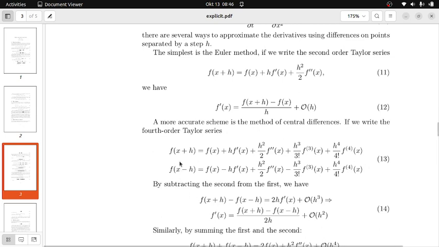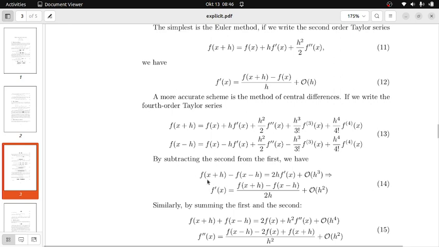And if I expand it in f(x−h), it's the same thing, but now the odd powers of h gain a minus sign, right? And if I subtract the second from the first, we have f(x+h) − f(x−h) = 2h f'(x) + O(h³). And then we have f'(x) = (f(x+h) − f(x−h))/(2h) + O(h²).